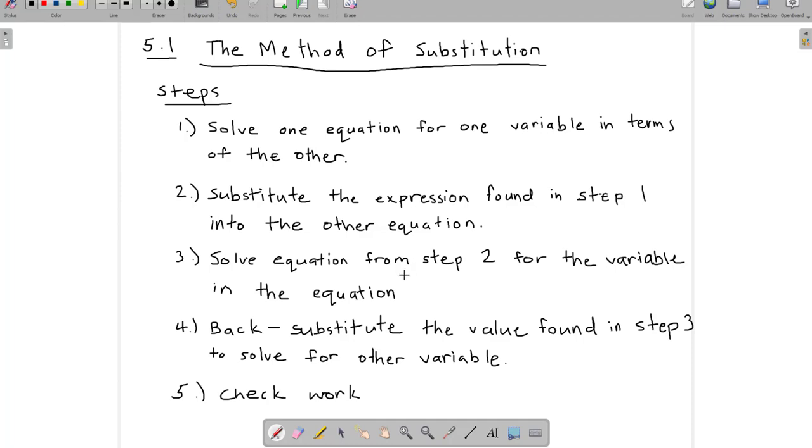Then we solve this equation that we've created, for whatever variable we have in it. And then we're going to back substitute. Once we've found a value of one of the variables, we plug back in to find the value of the other variable. And then finally, we'll check our work to make sure we did everything correctly.